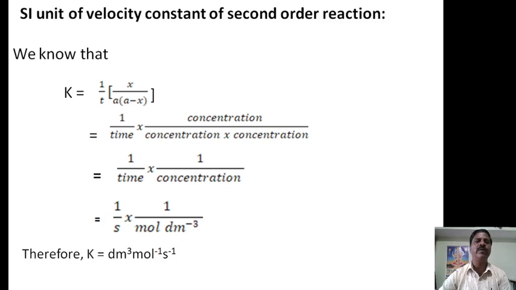Now so far we have studied all these. First one is definition of the second order reaction, second is example of the second order reaction, third is characteristics of the second order reaction, fourth is derivation of second order reaction when A is equal to B, and fifth is SI unit of velocity constant of a second order reaction. Now I will ask some questions.